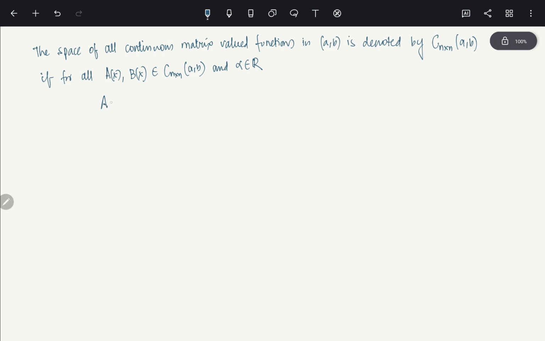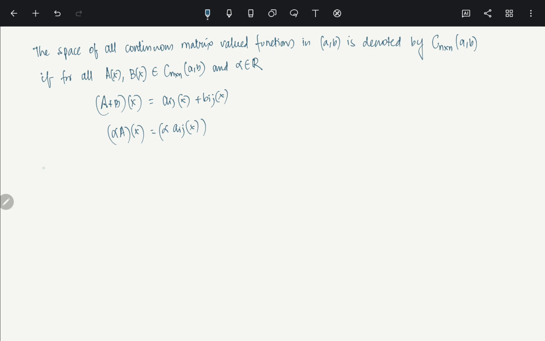You see, A plus B acting at x is a_ij of x plus b_ij of x, clear? And alpha times A acting at x is nothing but alpha times a_ij of x, okay. So with those two properties, we define a new space here, the space of all continuous matrix valued functions. We denote it by C_{n×n}. And what are the operations? The operations are natural operations, but it just depends on x, okay, right.